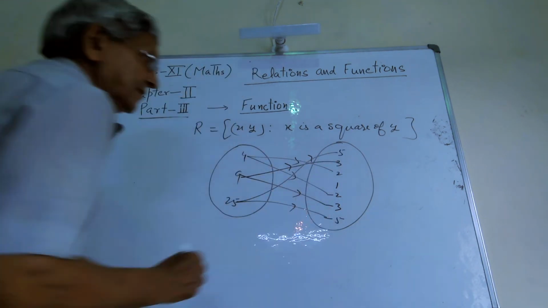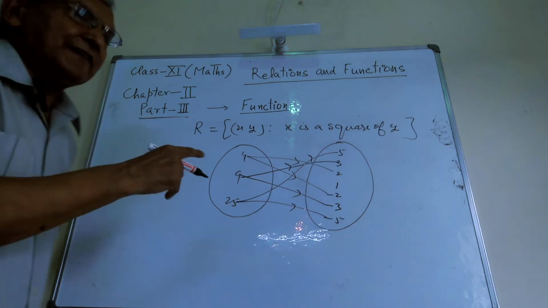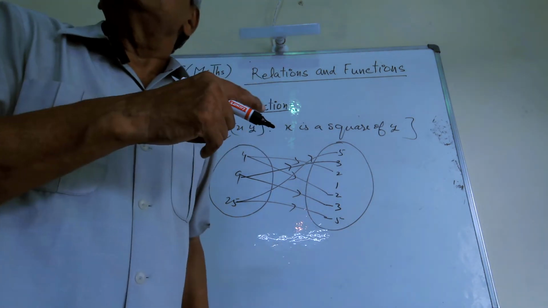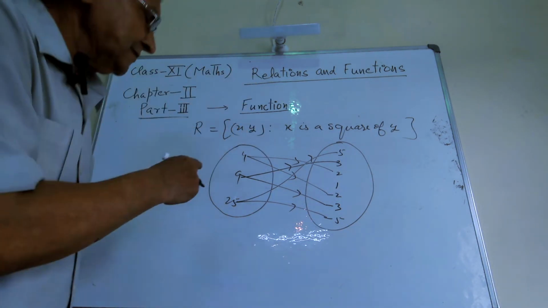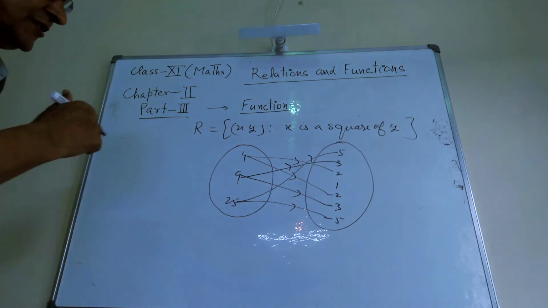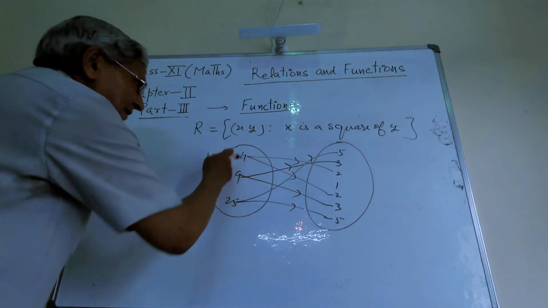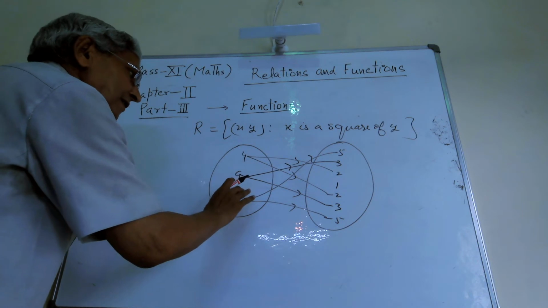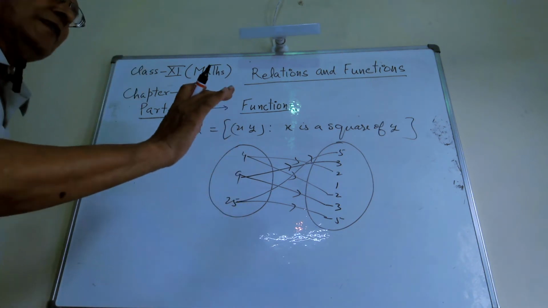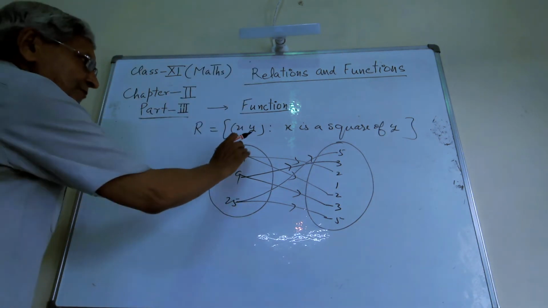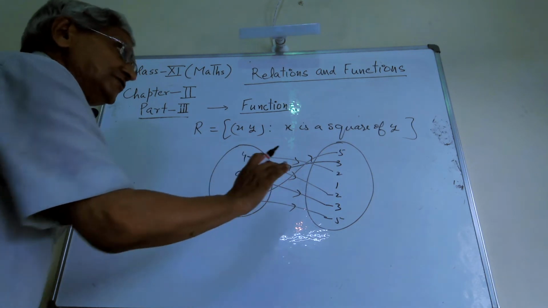This was the second example in part second. See there, and you here see all the elements of A. This is right, covered. All the elements of A have images.